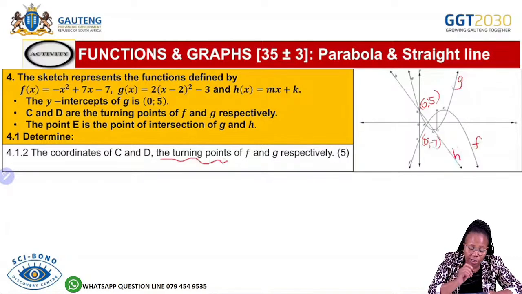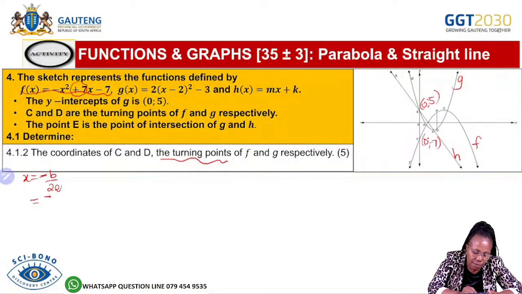What is the f function? The f function is -x squared plus 7x minus 7. Can we identify the turning point? Yes, we have 2 ways of doing that, if not 3. The first one, you can use your formula of the turning point, which states x is equal to -b over 2a. We substitute the b value, which is 7.